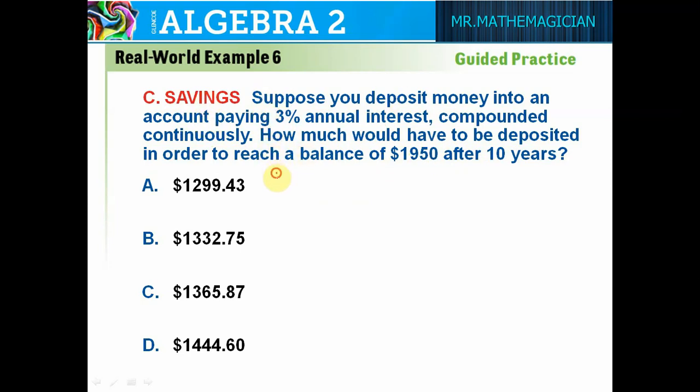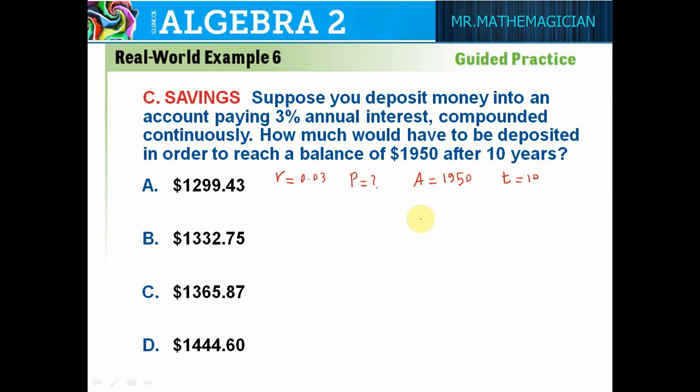We have the R equals 3%, means 0.03. Compounded continuously, we know the rule. How much would have to be deposited? So the P, we need to know what is the P in order to reach a balance of, this is the A equals 1950. After 10 years, T is 10.